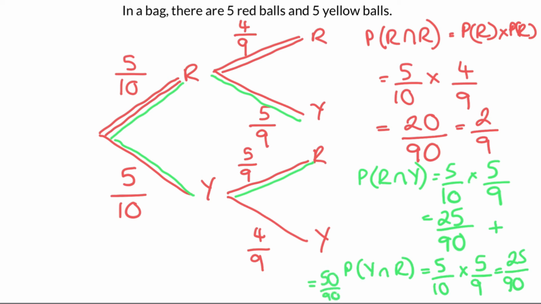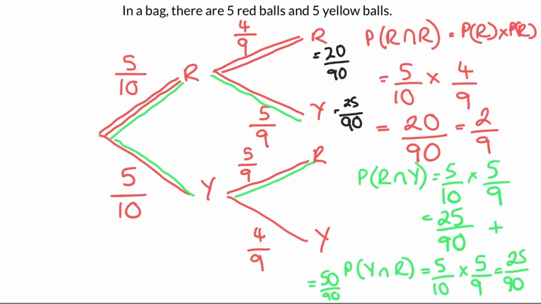So then the last thing I need to tell you about probability trees is that when you get to the end of the branches, all of the probabilities there will add up to 1, because these are all of the options that could possibly happen. So at the top, we've got the probability of us getting 2 red balls is 20 over 90. The probability of getting a red ball and then a yellow ball is 25 over 90.